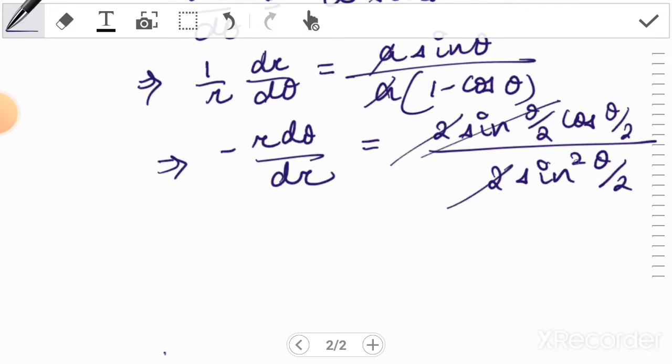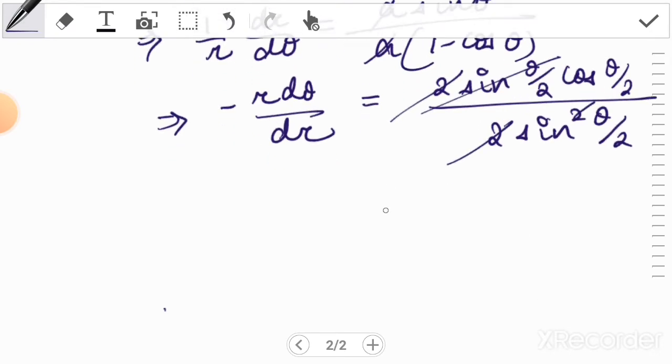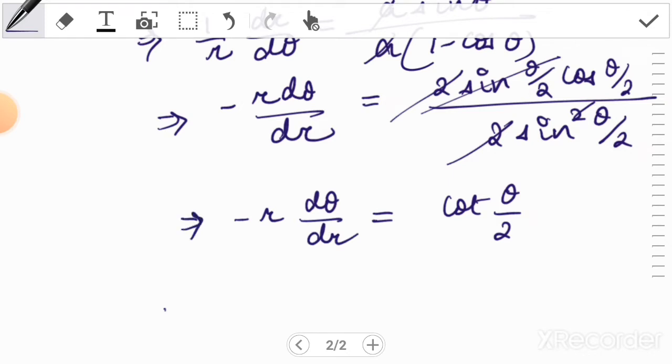Sin theta by 2 gets cancelled. So we are left with cot theta by 2 d theta by dr.